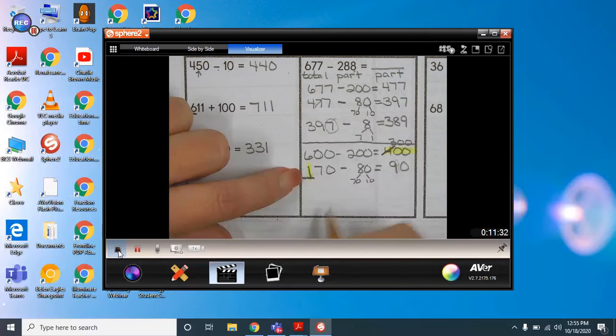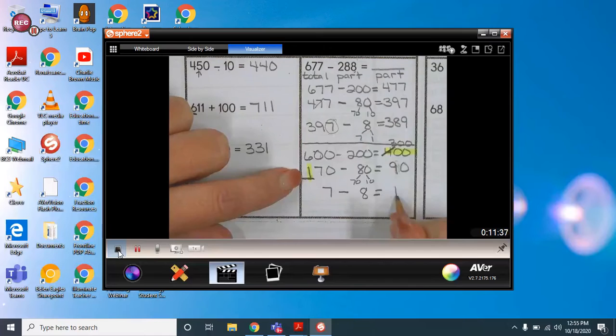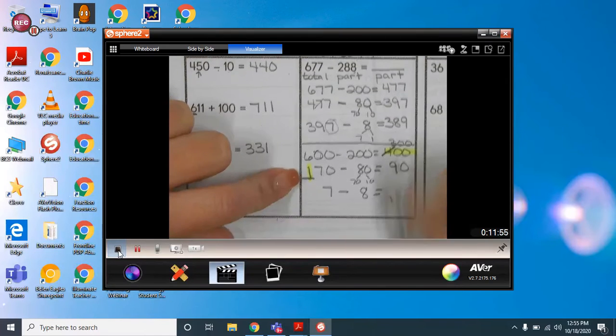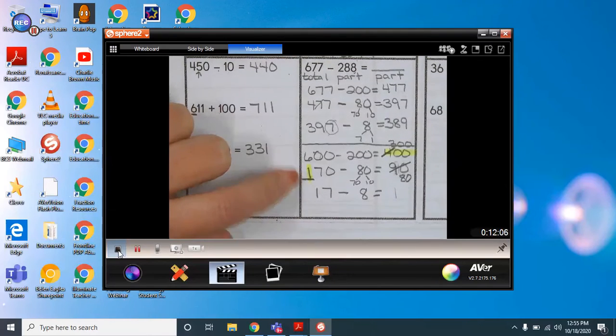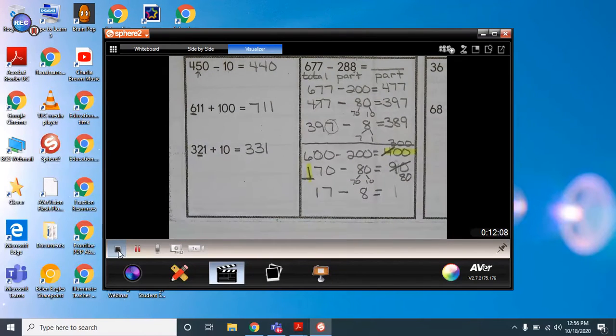And if I subtract 7 minus 8, could it be 1? Not if I'm checking my subtraction using addition. Is 1 plus 8 going to be 7? No. So that tells us we are not able to subtract 7 minus 8, since we cannot check using addition. We need to borrow a 10 from here and regroup it into our ones place.